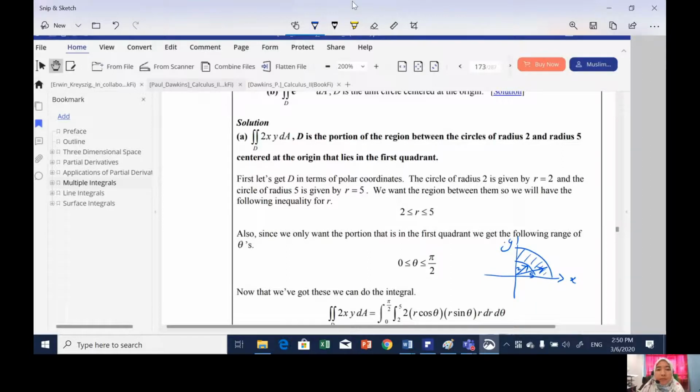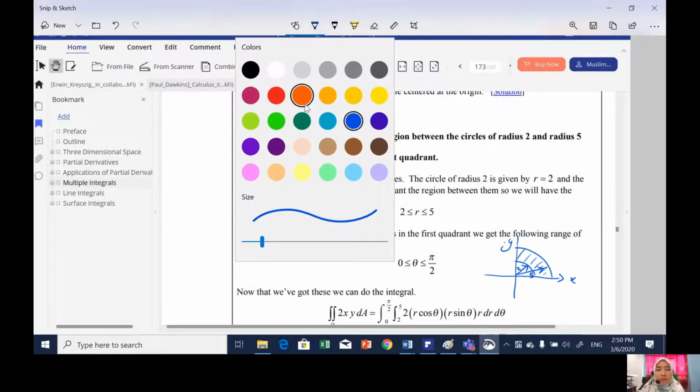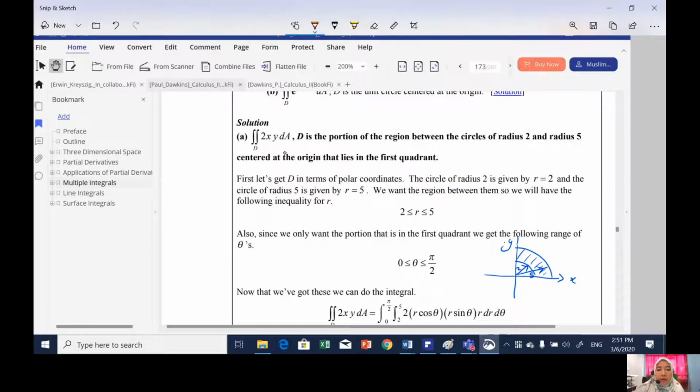Because of this, everything in x will be converted: x is r cos theta, and y is changed to r sin theta. And dA, actually dy dx or dx dy, becomes r dr d theta directly.